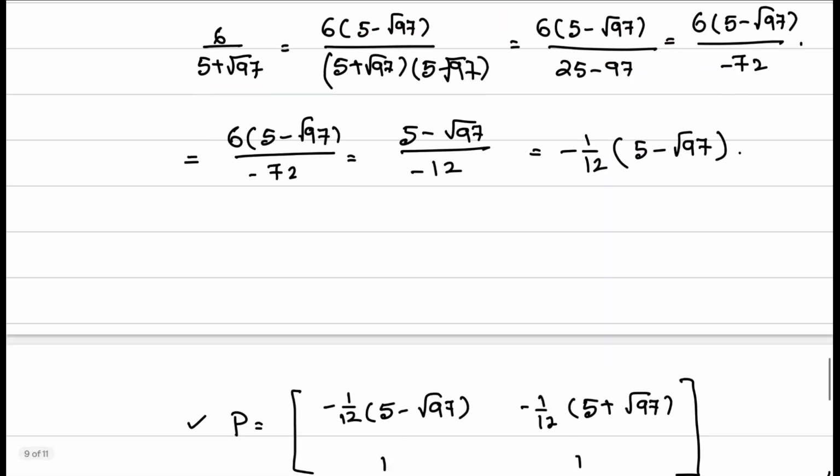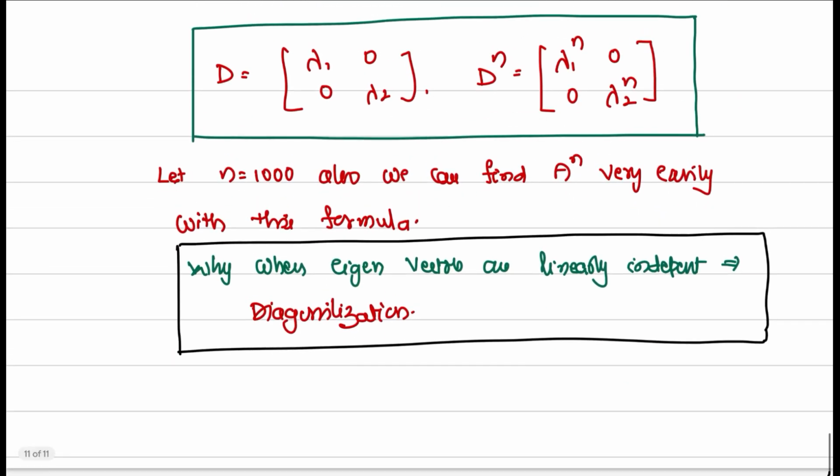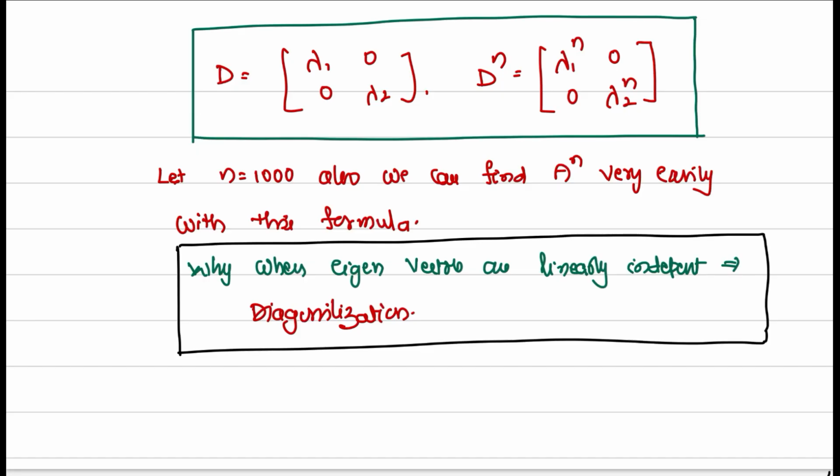Once eigenvectors are linearly independent, automatically this results in diagonalization, and once diagonalization is confirmed, lambda 1, lambda 2 will come into force, and D to the power of n is equal to lambda 1 to the power of n, 0, 0, lambda 2 to the power of n. Let it be even a 3 by 3 matrix. It's a very simple procedure; go in a procedural manner and you will get the answers very easily.